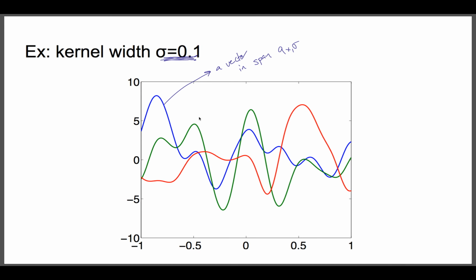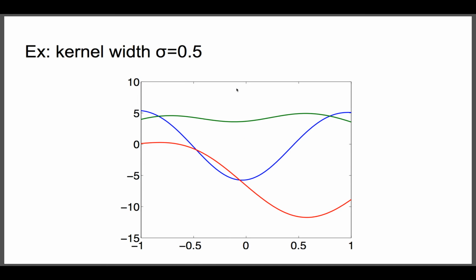And this one is also such a vector, and this one is also such a vector. Whereas if I choose a wider kernel width, I get much smoother functions. These are also vectors, but they're in the span of q sub x sigma for sigma equals 0.5.